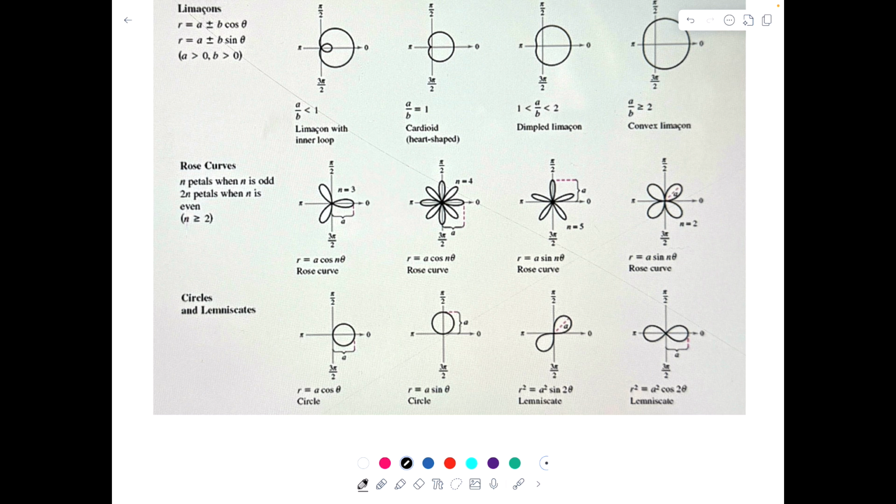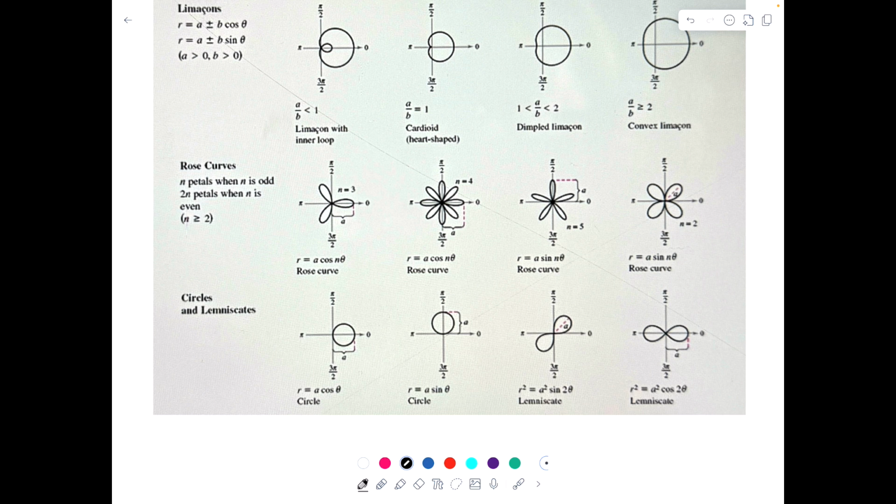And your a is measured through that part that cuts one of the infinity loops in half. So that's kind of cool. Instead of getting an infinity tattoo, you could just get r squared equals a squared cosine 2 theta.